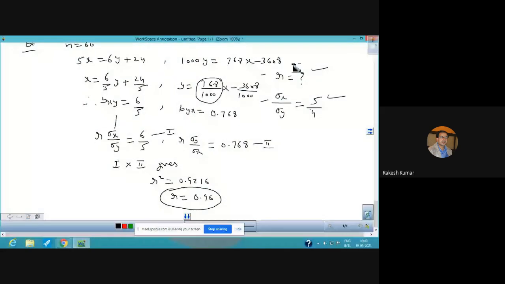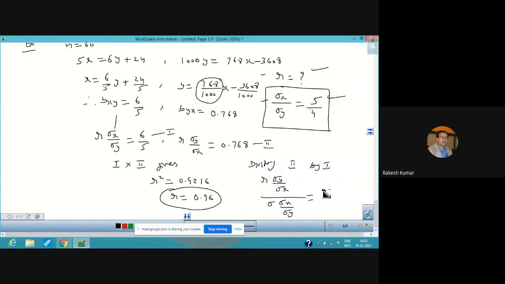Now we need to prove that sigma x over sigma y should be 5 upon 4. And for this, dividing 2 by 1, you will get r sigma y over sigma x divided by r sigma x over sigma y, that is 0.768 into 5 over 6.